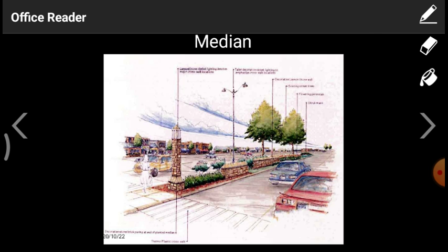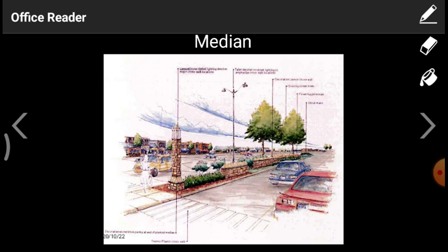This is the median normally. What is the median? In this particular figure we have a structure, that means both sides of the road, and in the middle portion we have the median. The median also has some trees and other important structures and locations.